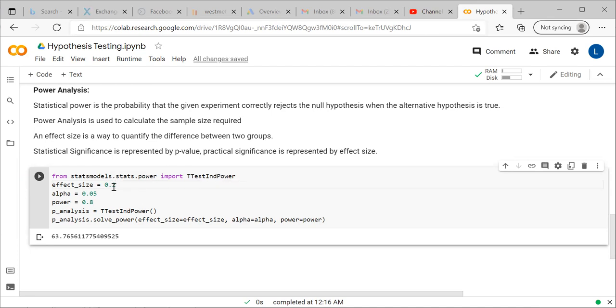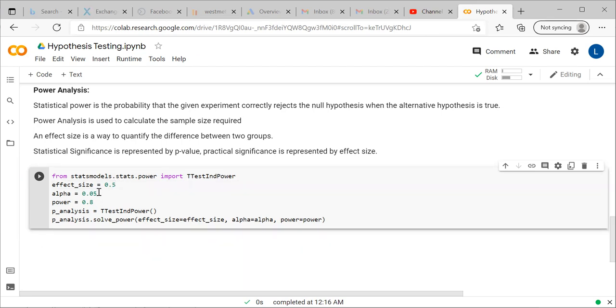So effect size talks about the difference between the two groups. Right now I am considering 0.5 as my effect size, and for alpha I want a 95% confidence level. So alpha remains the same at 0.05, and power, minimum we require 0.8, that also I am capturing.